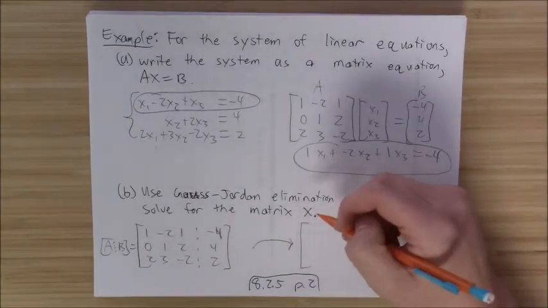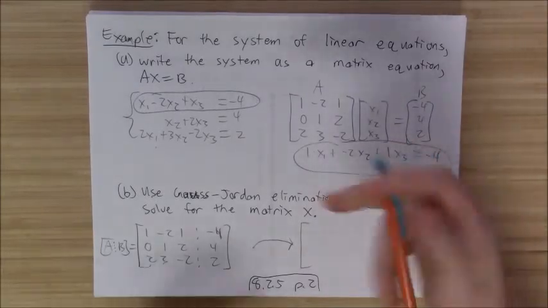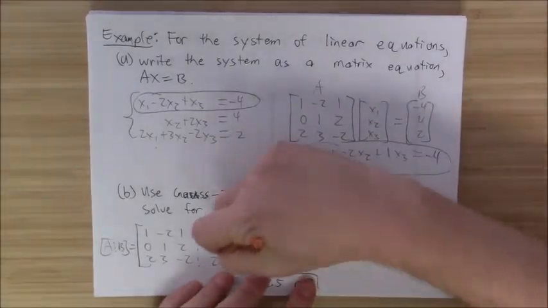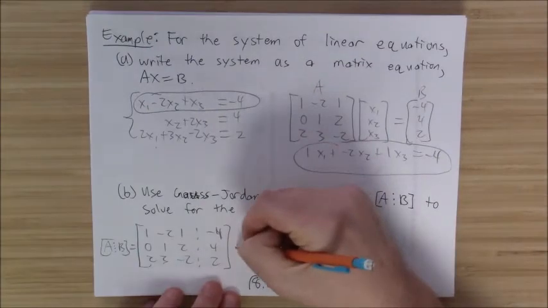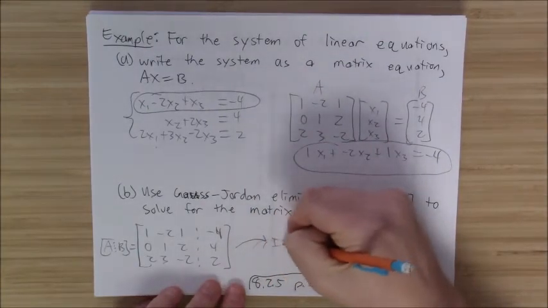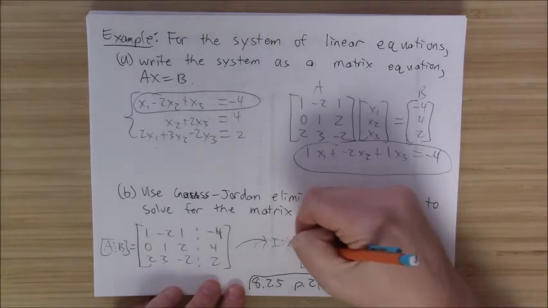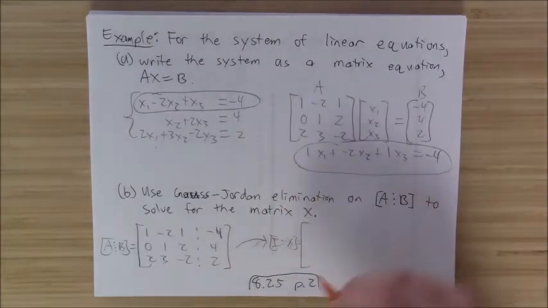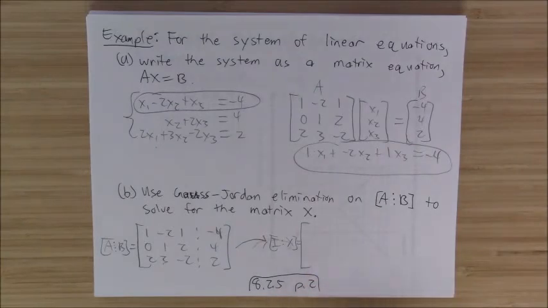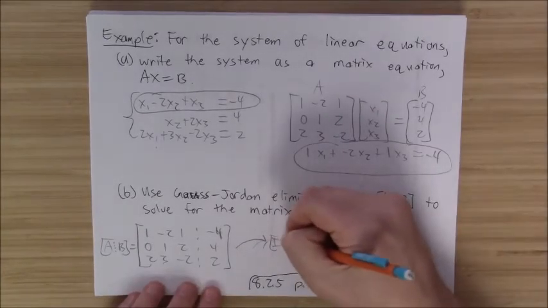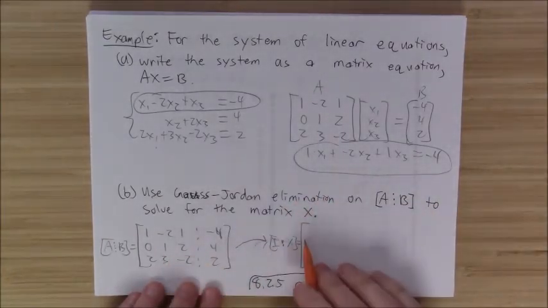The whole idea is that we're reducing this down to the identity times some new form, which would be X. We'll talk more in the next section about what was really going on here, which is some sort of matrix multiplication to solve it.